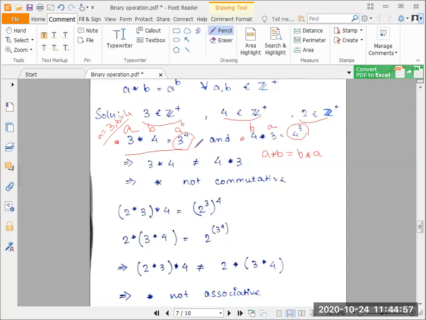If the right hand side of these two equations is different, it essentially means that the left hand side of these two equations is also different. So 3 star 4 is not the same as 4 star 3. Which means I essentially find an example, the values of a and b, for which the statement that a star b equals b star a does not hold.